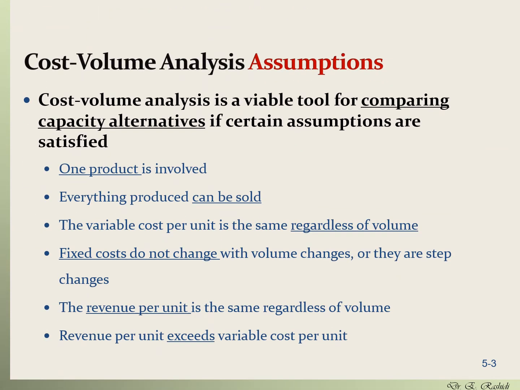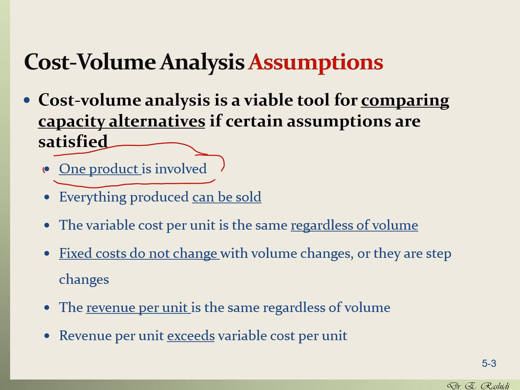There are certain assumptions in the cost volume analysis that we went through in a couple of basic examples that are important to consider. The cost volume analysis is a valuable tool for comparing capacity alternatives when you want to do capacity planning, if certain assumptions are satisfied. These are a list of assumptions for the cost volume analysis that we have performed before.